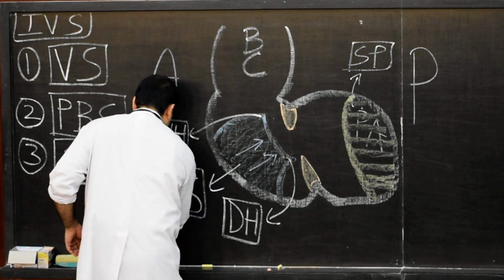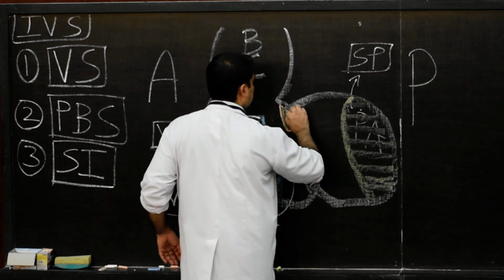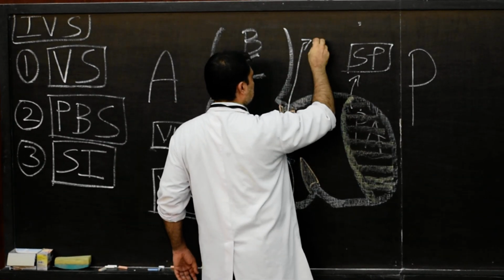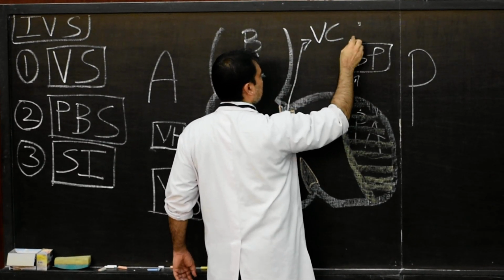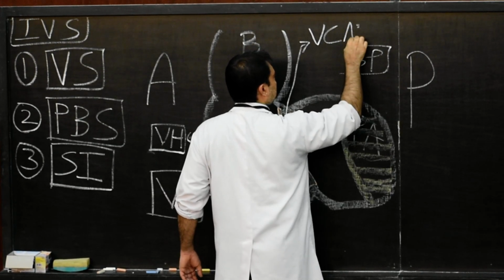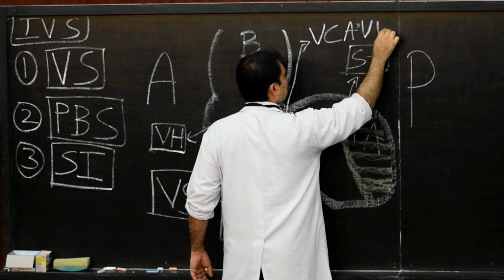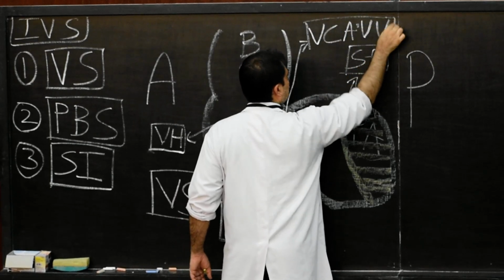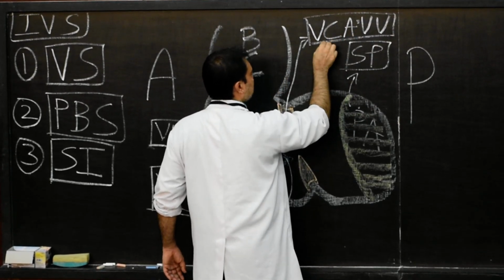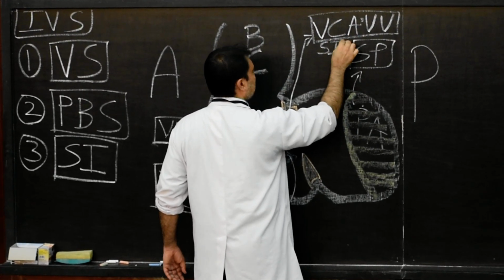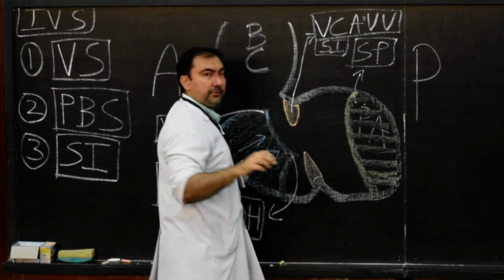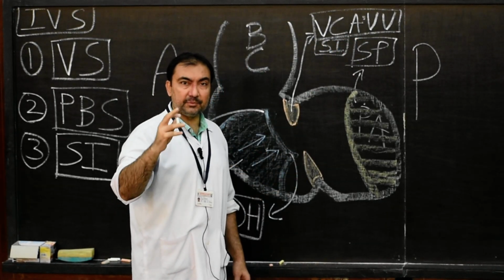So therefore now I will name this as ventral cushion of atrioventricular valve, or it is simply known as ventral cushion of septum intermedium. This way also you can name ventral cushion of septum intermedium.